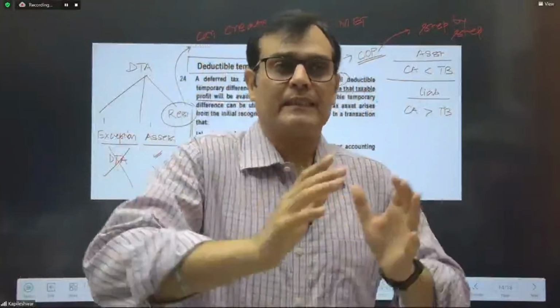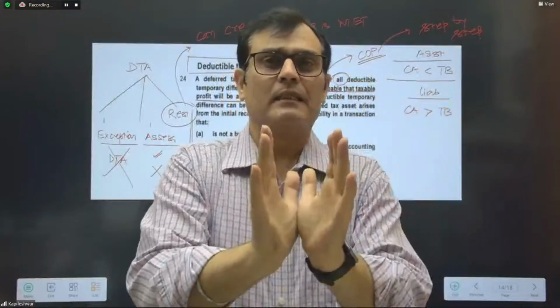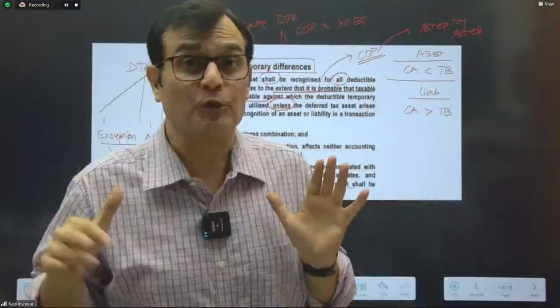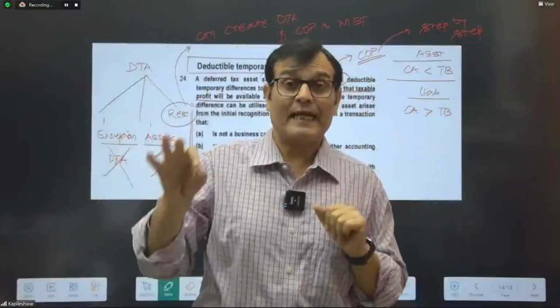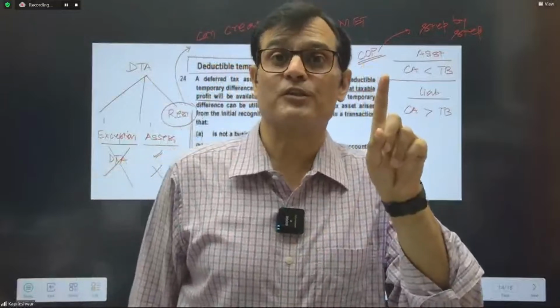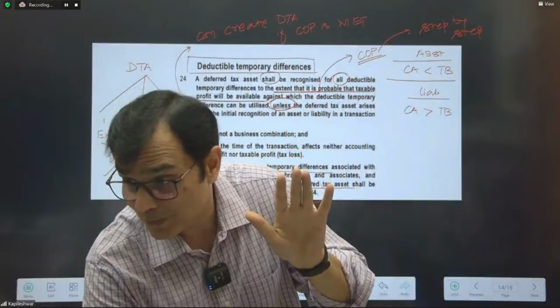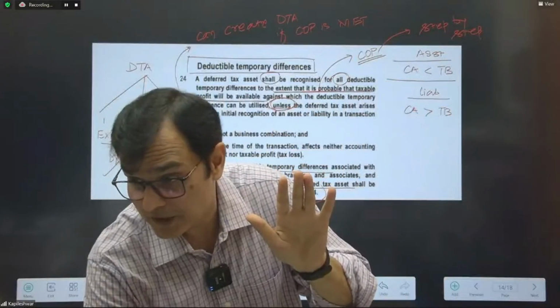In terms of DTA, one exception, you cannot create a DTA. Second, one case of assessment, you need to decide. And the third case, where you will create a DTA provided the prudence is met. I hope the chain is 100% clear on this.